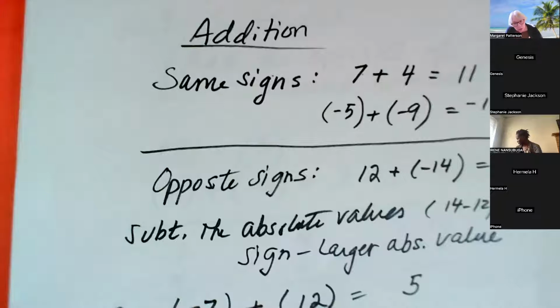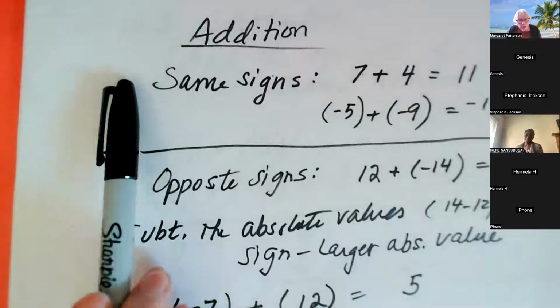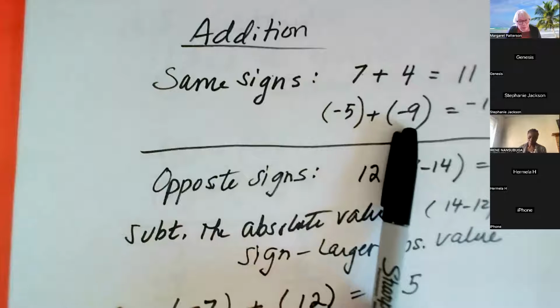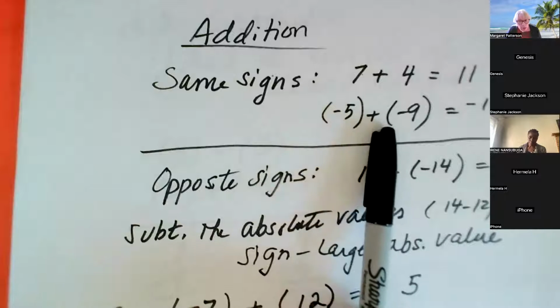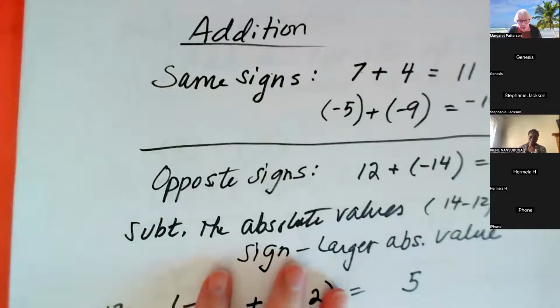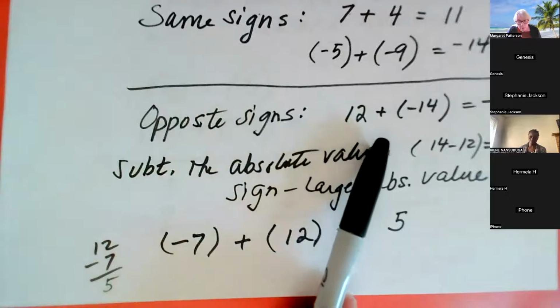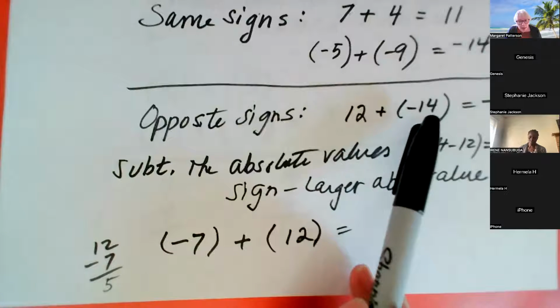So it's like -5, -9, you're getting lower and lower. So the first set of rules has to do with if the two numbers have the same sign, both plus or both minus.